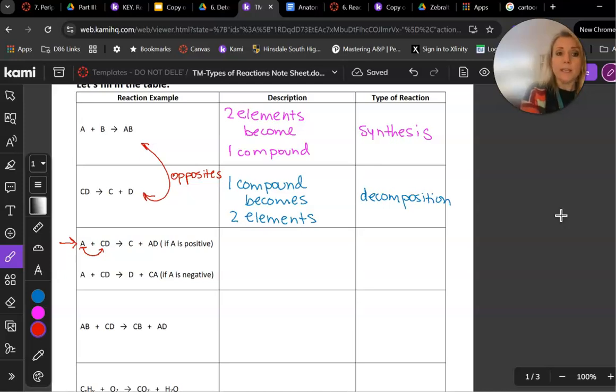What we get is AD combined and C is left out in the cold. When A replaces C, that means A is positive, and this is what we get. Basically, in our top equation, which I'll write in red, one metal replaces another.